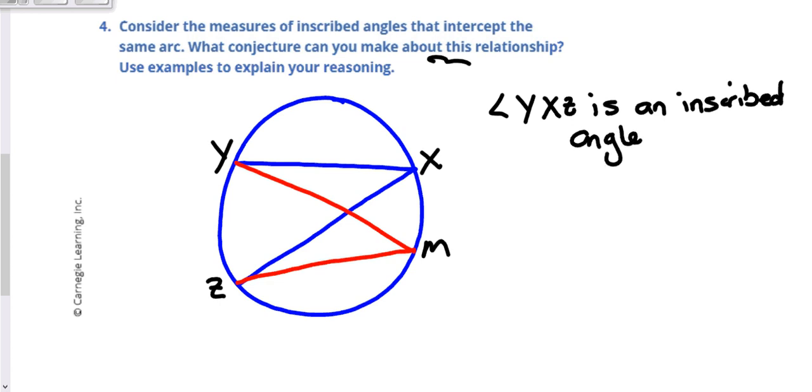And I am told that the measure of angle Y, X, Z is equal to 30 degrees.